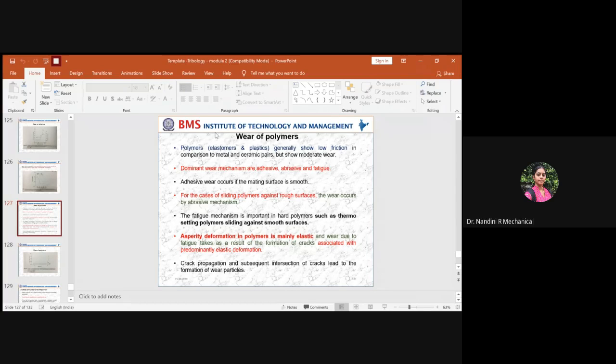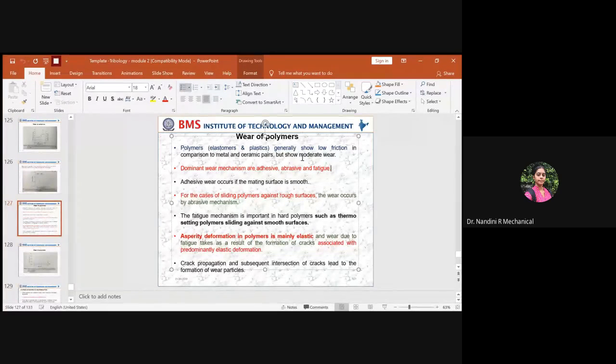When we say polymers, usually the things that come to mind are isocyanides, elastomers, or any plastic materials. Generally, these polymers show a very low friction in comparison to our metal and ceramic pairs. They have a friction value, but when you compare with metals and ceramics, the value is the least.